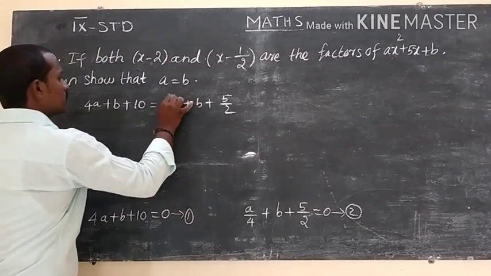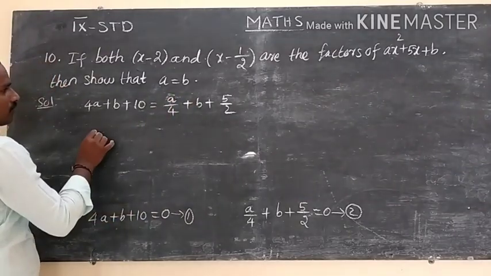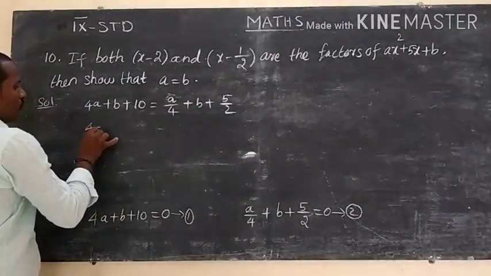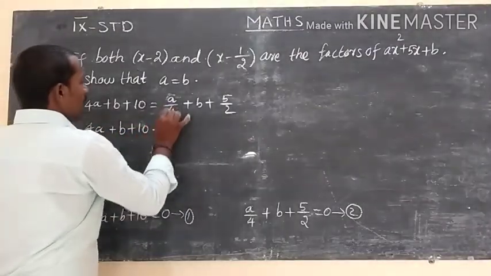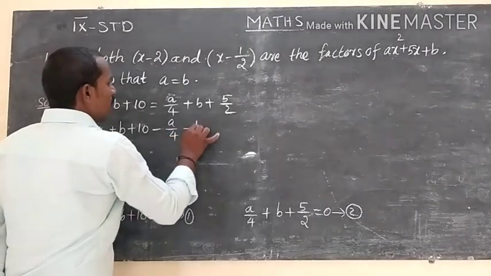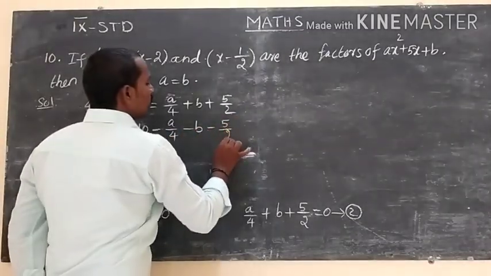Then 4a plus b plus 10 minus a by 4 minus b minus 5 by 2 equal to 0.